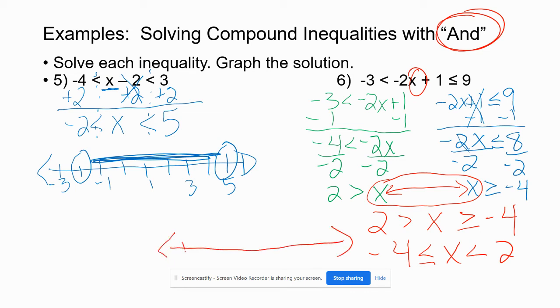So now I can put that -5, -3, -1, 1, 3. So we have a closed circle at -4 because it's equal to, an open circle at +2 because it's not equal to. The x is squished in the middle, so we are shading in the middle.